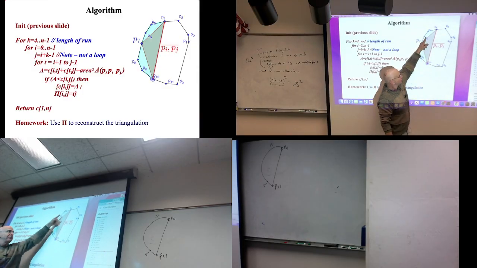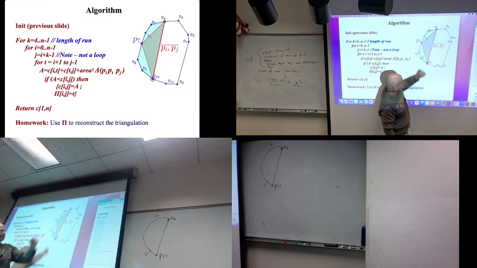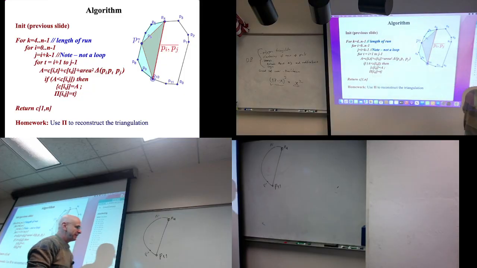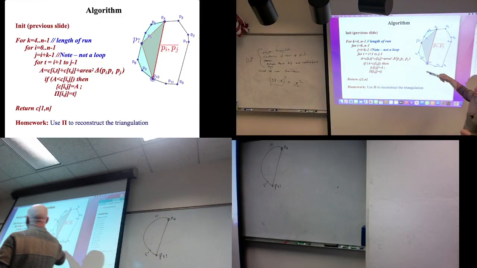So I only solve the problem of triangulate everything to the left of this chord. Pi, Pj participates.